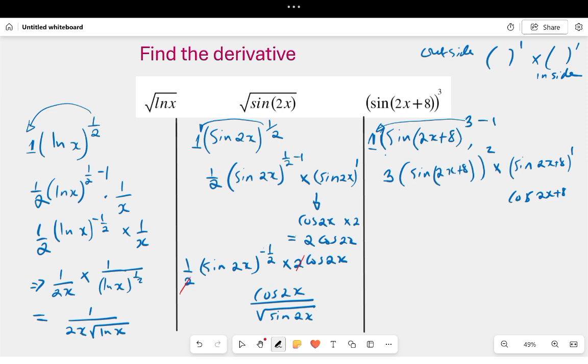Then you multiply by the derivative of 2x plus 8, which is 2. So in this case, we are going to find 2 cosine 2x plus 8.